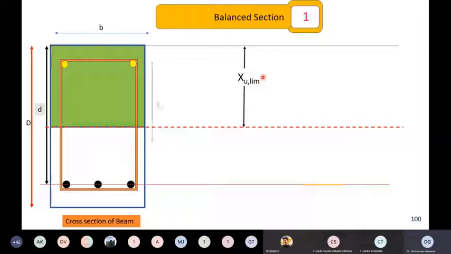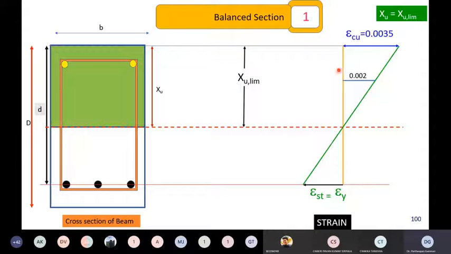At this point, Xu will be equal to Xu limit. Okay, that we will discuss a little later. So Xu will be equal to Xu limit. That is called balance section, where you are providing the area of steel in such a way that the strain due to loading of the beam, the strain in the concrete at the extreme compression fiber, this is the area in compression, and the extreme compression fiber is this one.